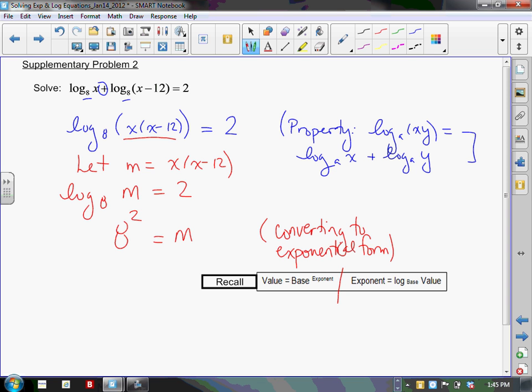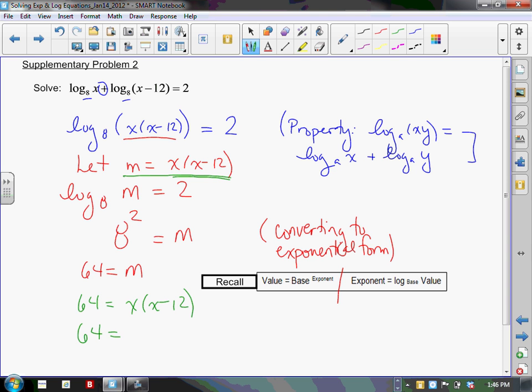In fact, we could go further, say that 64 is equal to m, look back at our solution to see what m is set equal to, which is in fact this. So we have 64 is equal to x times x minus 12. Going a step further, now we have a quadratic equation.